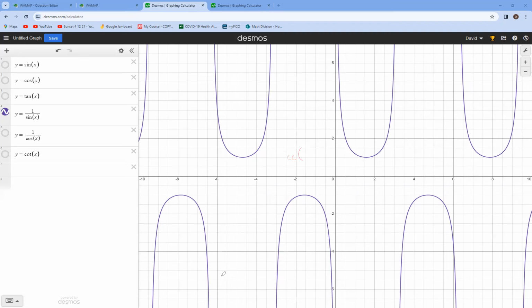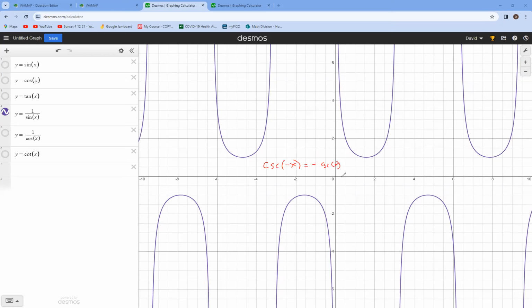That's the cosecant, not sine. Cosecant of minus x is going to be minus the cosecant of x.